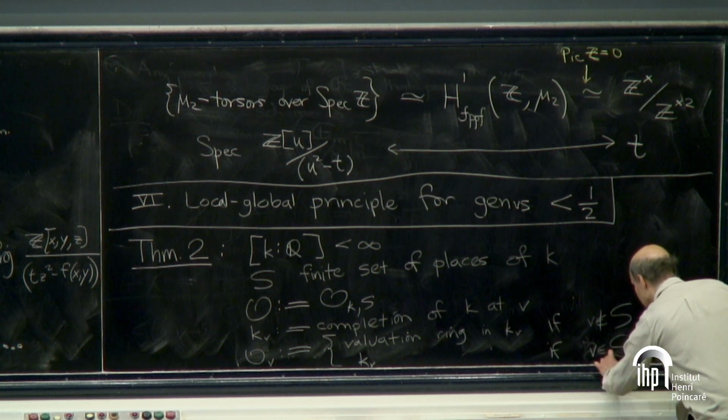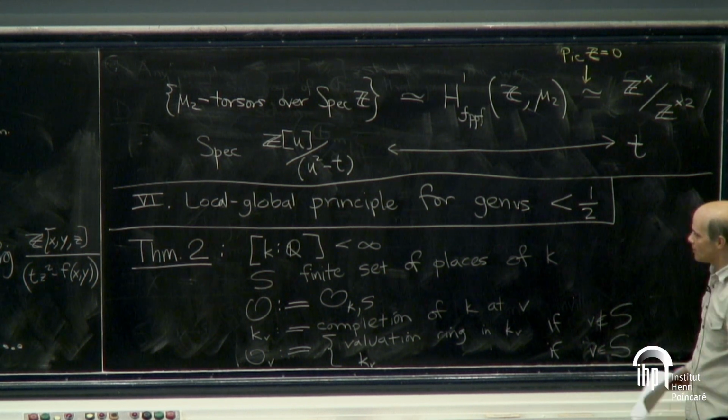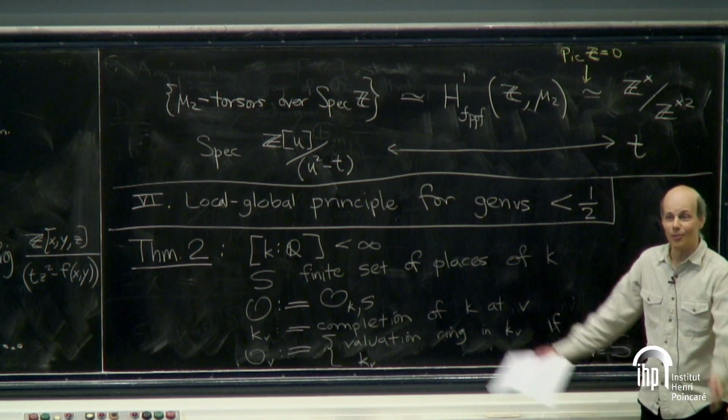I hope that's not too confusing. So for example, if v is a real place, then O_v is the real numbers.